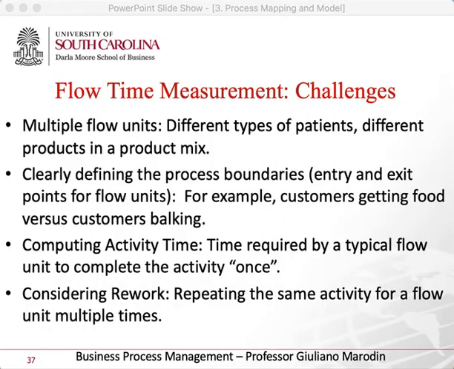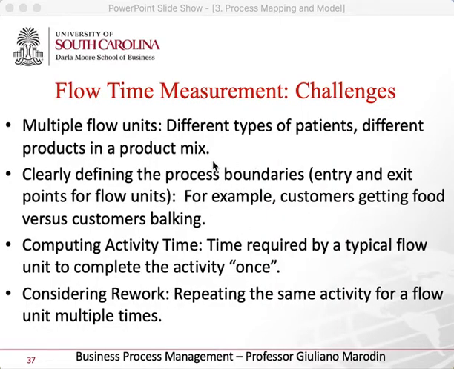So if you broke your arm, you're not going to have your blood taken, but if you're feeling a pain in, I don't know, the belly, maybe they're going to take blood to see what's going on. So you have different types of patients and they follow different flows, right? And then they have different flow times because of that. So that makes things a lot more complicated. We're going to learn how to do that also.